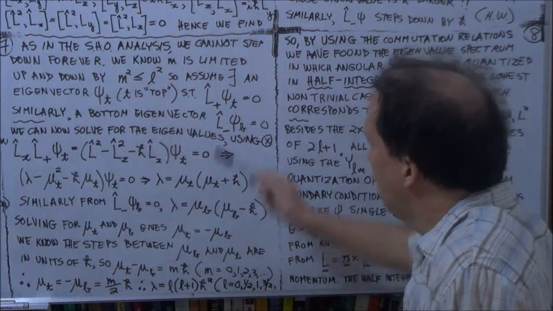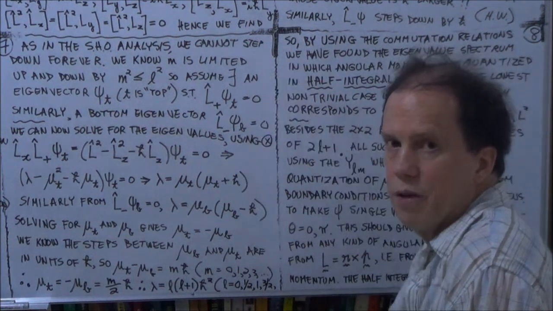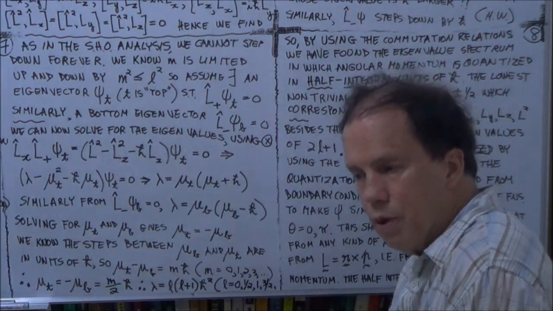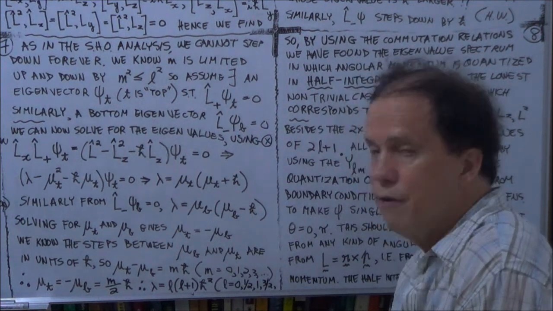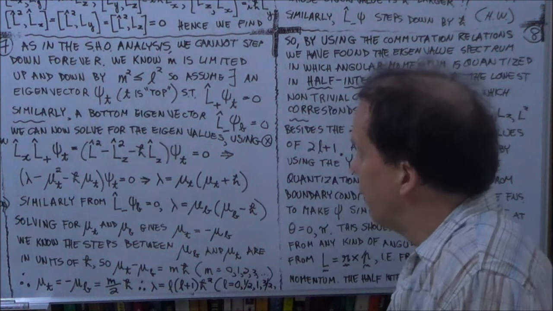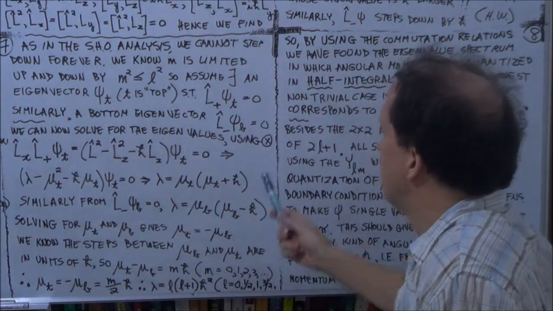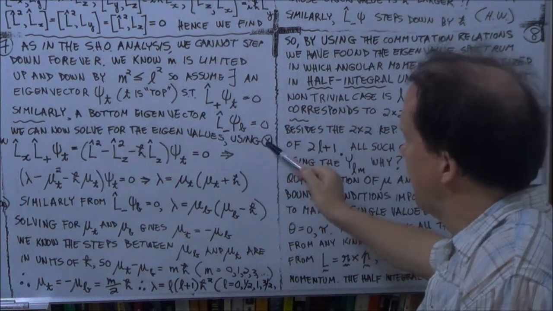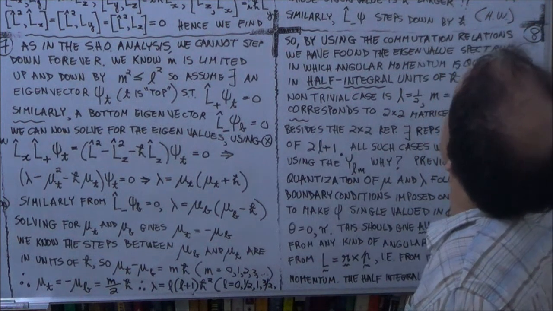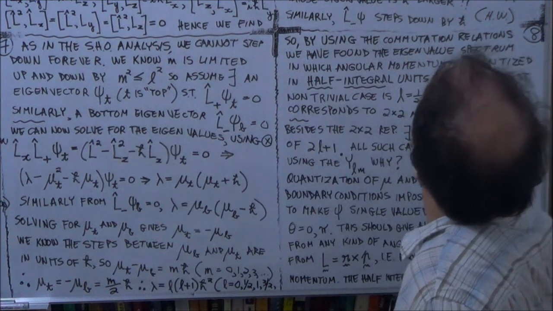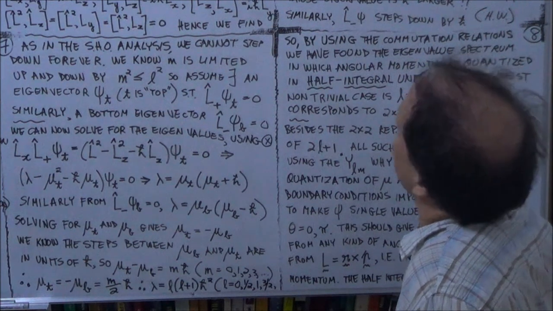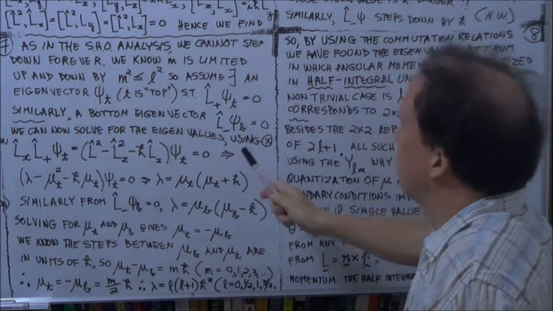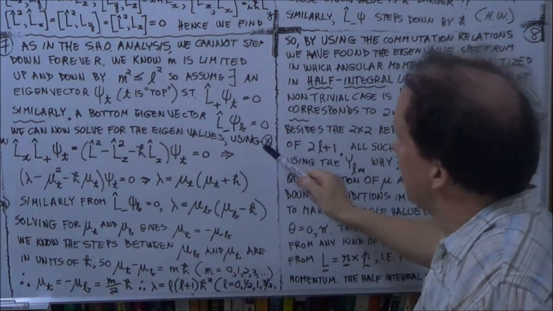So, knowing these two relations and the previous relations we had, we can now actually calculate the spectrum, all possible values of the eigenvalues, for lambda and mu. Go back to the previous session and have a look at the equation x circle.